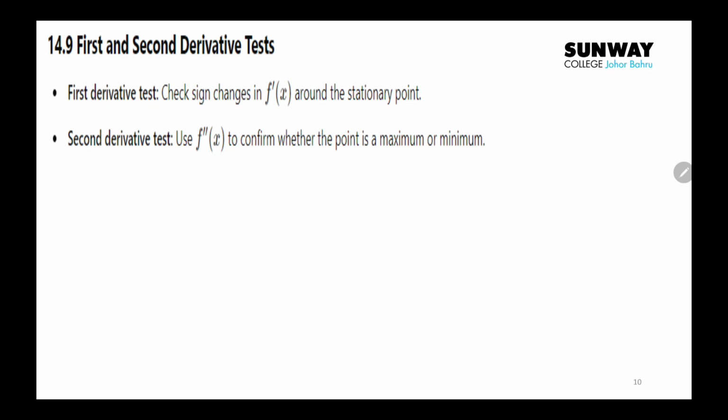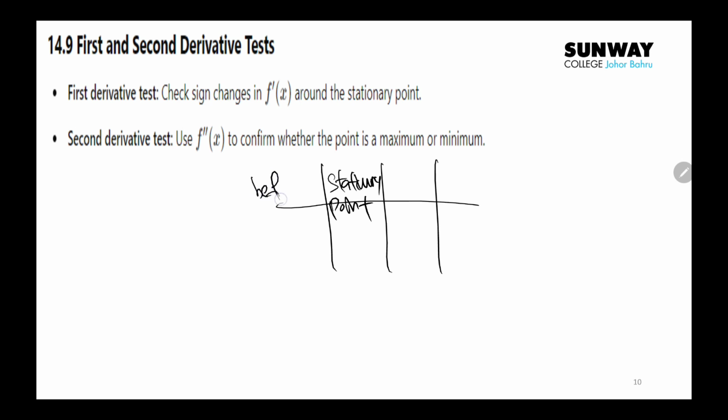You can also use the first derivative test, which is a little more tedious because you have to check the stationary point itself, a little before it and a little after it. Only then will you be able to check if it is a local maximum or local minimum. So there's a reason why we usually opt for the second derivative test.